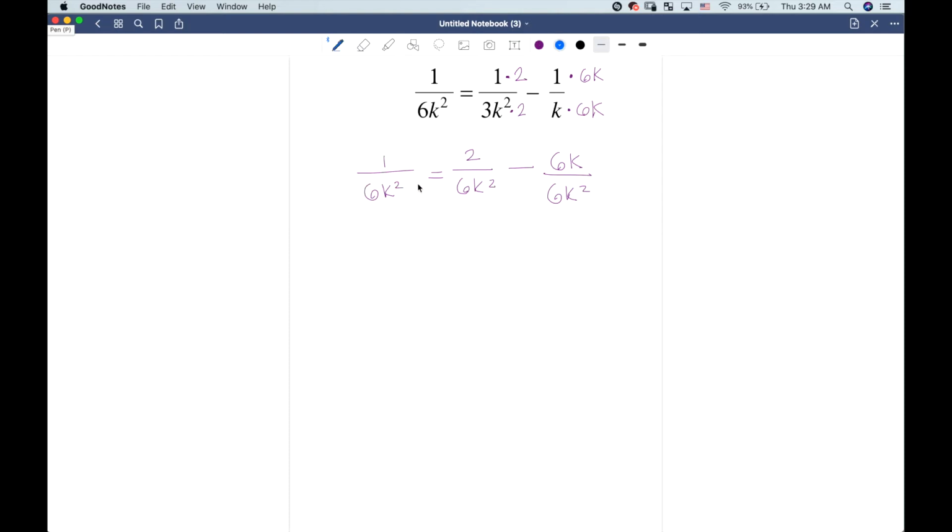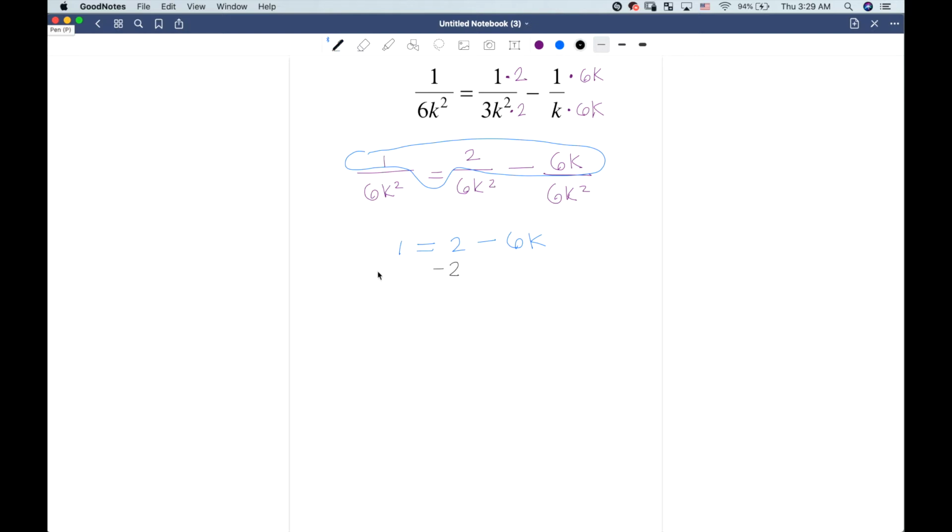When you have the same denominator across the entire equation, all you really have to focus on are the numerators. So what I'm going to do is just rewrite the whole thing, but only rewrite the numerator. And that's it. From here, you just have to solve for the variable.